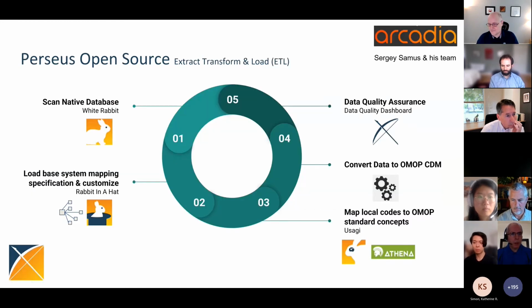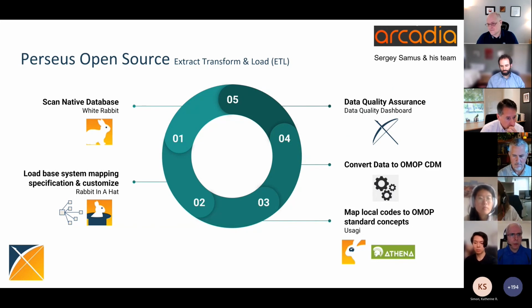Great. So this is Perseus. This is another way of thinking of Perseus, just in terms of the process involved. These are the different steps, starting with an initial database and converting it into the OMOP common data model, and it goes anti-clockwise around here.